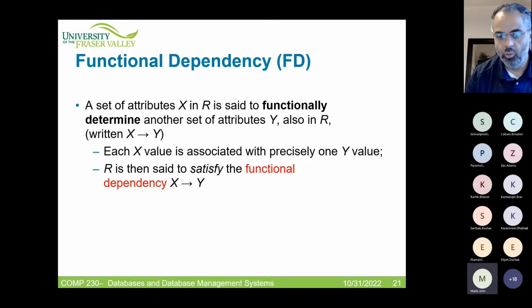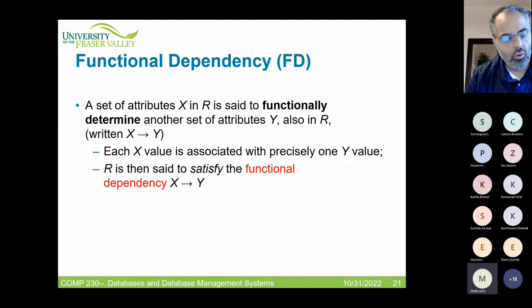I say X gives Y, or Y is dependent on X. You can read it from left to right or right to left. X can be one attribute or more, and Y can be one attribute or more from the same table.